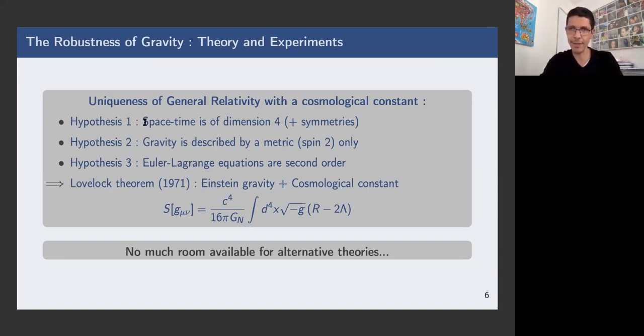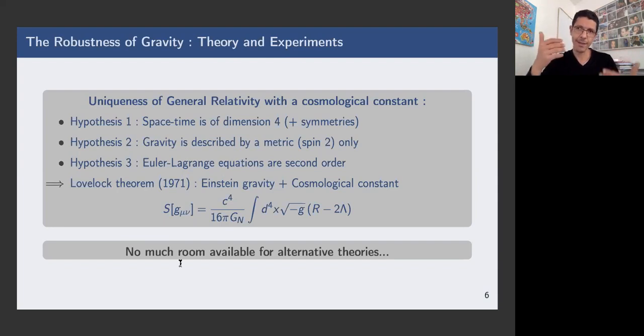If we assume that space-time is four-dimensional and it comes with the symmetries that we know very well, diffeomorphism invariance, if we say that gravity is described in terms of a metric, so a spin-2 field in the language of particle physics, and also that we want the equations of motion to be second order, then there is no other option than Einstein gravity plus the cosmological constant. So this is the only thing that we have if we impose these three natural hypotheses. So there is not really much room available for alternative theories.